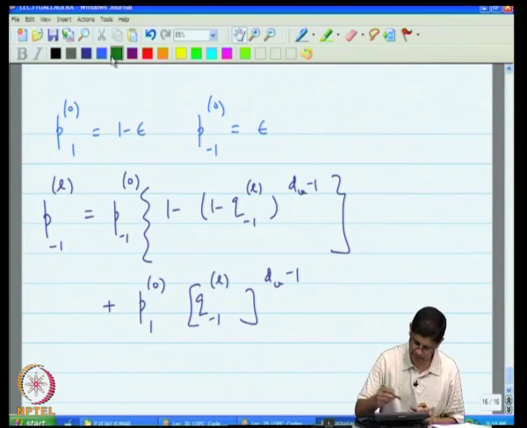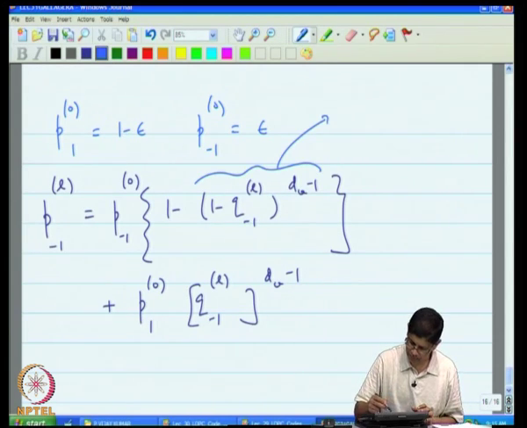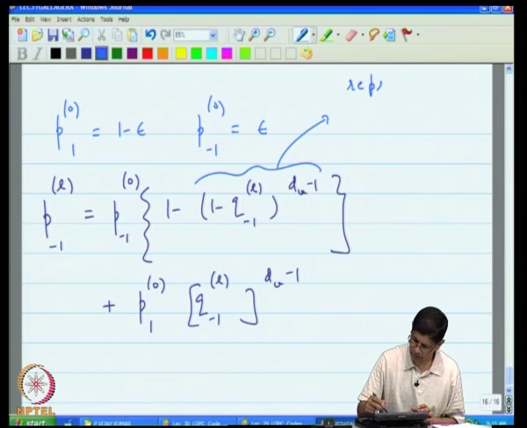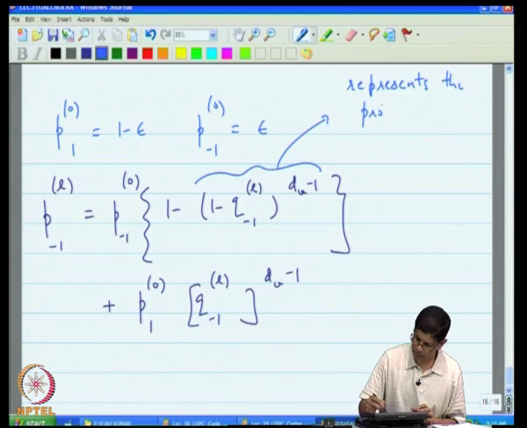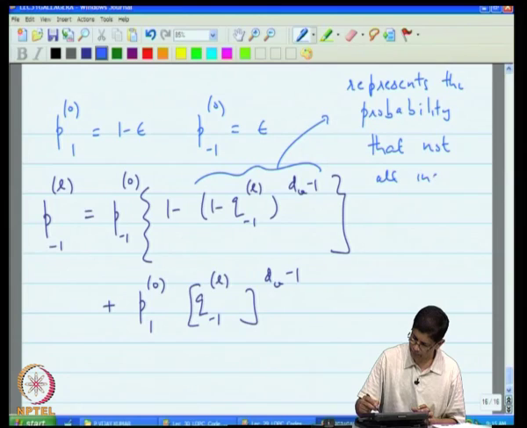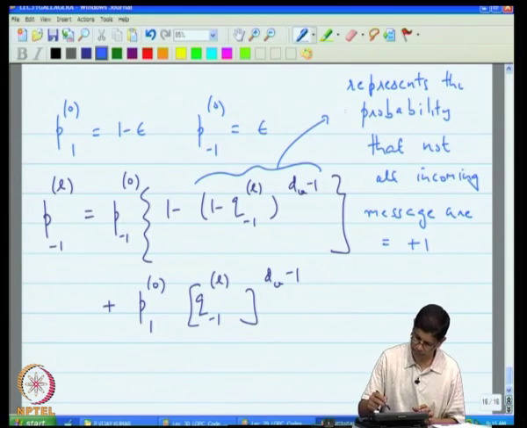Okay, so, we will just make a note of that, that this quantity here really represents the probability that not all incoming messages are equal to plus 1.